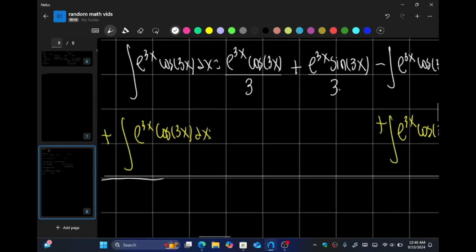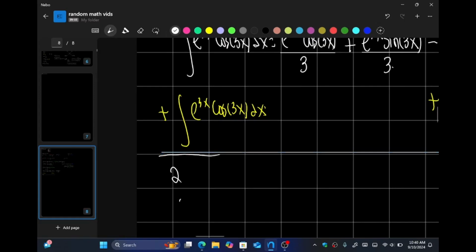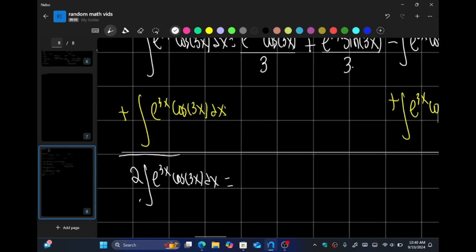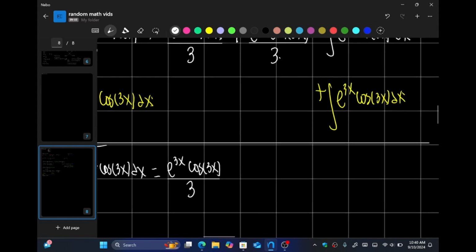We're going to have the following. So it's going to be 2 times the integral of e to the 3x cosine of 3x dx is equal to e to the 3x cosine of 3x all over 3 plus e to the 3x sine of 3x all over 3.